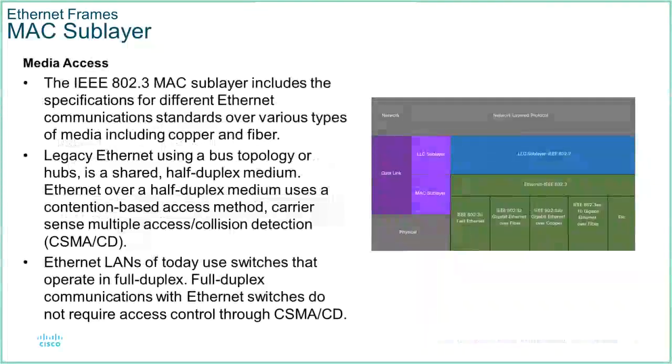So the MAC sublayer is the one that has all the various elements of 802.3, and they address specific media types. So you've got U for fast Ethernet, Z for gigabit Ethernet over fiber, AB for Ethernet over copper at gigabit speeds, and AE, etc. for Ethernet over fiber at 10 gigabits.